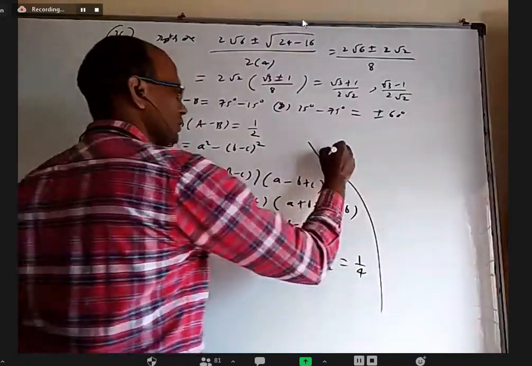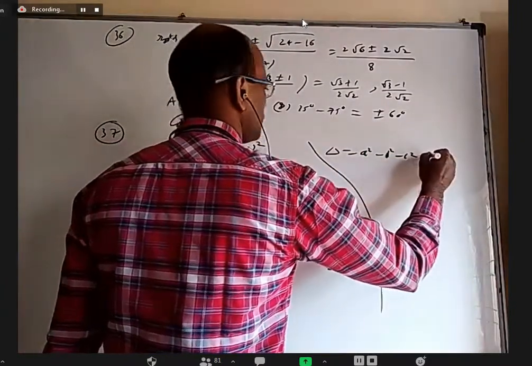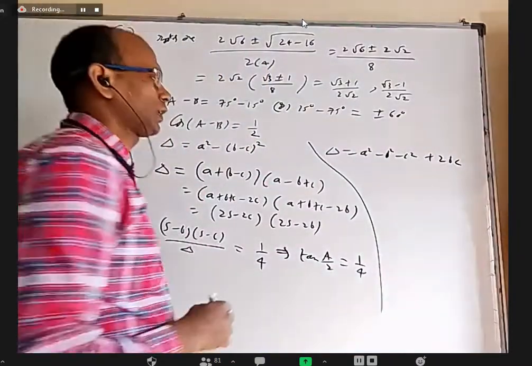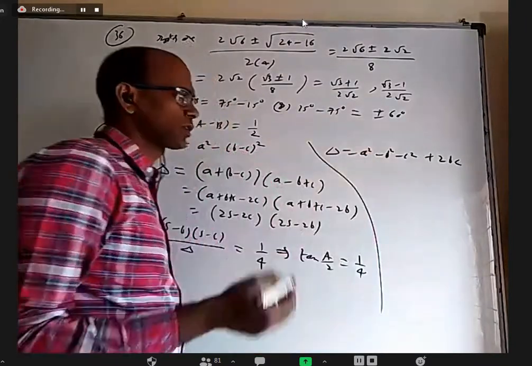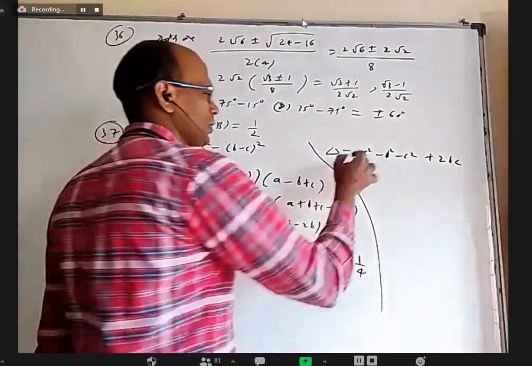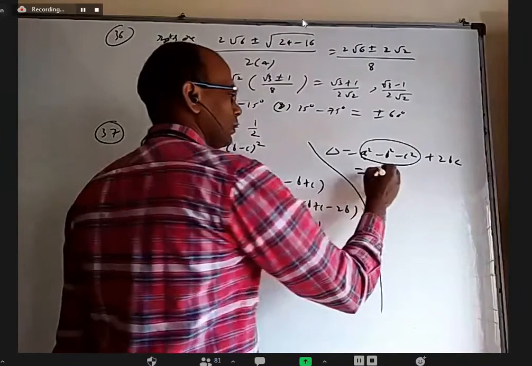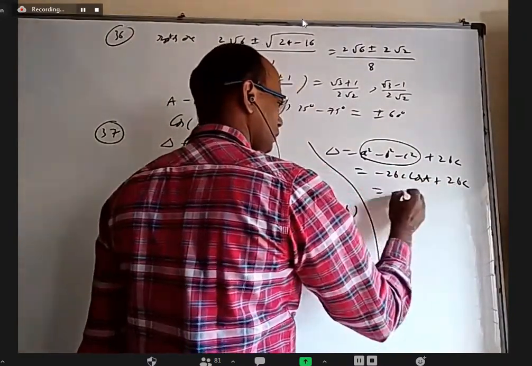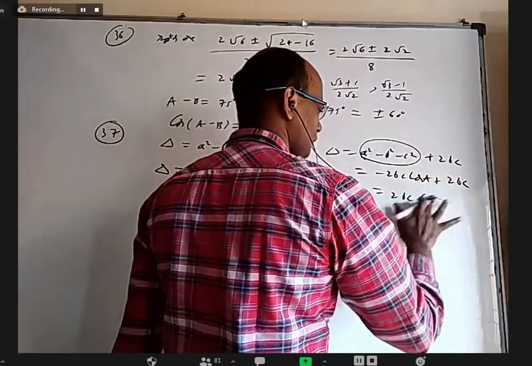If I expand this, I'll get delta equal to a square minus b square minus c square plus 2bc. And I can use the cosine rule. What is the cosine rule? In the place of a square, I have to write this: minus 2bc cos A. If I take 2bc common, 1 minus cos A will come.